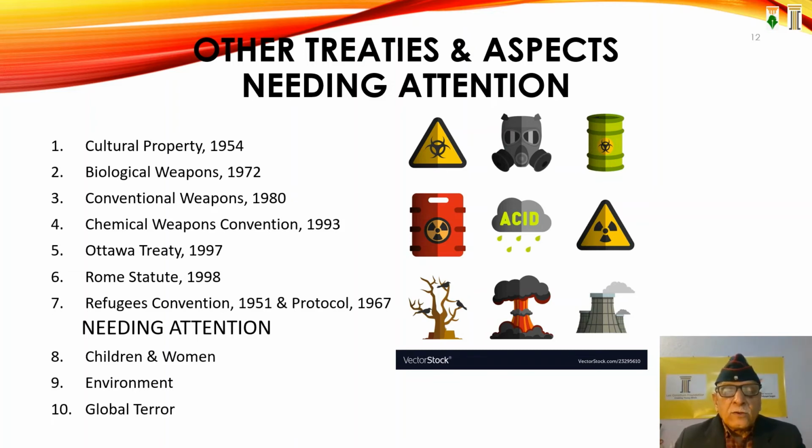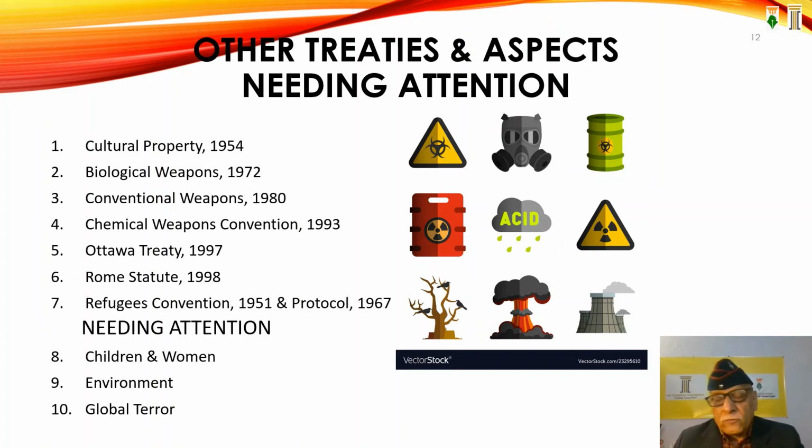Then there is the Ottawa Treaty and the Rome Statute. These two pertain to, respectively, the International Criminal Court, which came into existence through the Rome Statute, and the Ottawa Treaty, which pertained to the ban on use of anti-personnel landmines, because these landmines cannot differentiate between one's own troops and those of the opposite side.